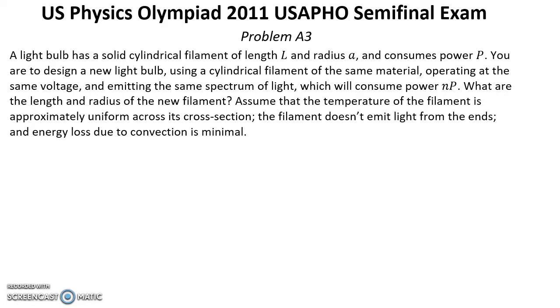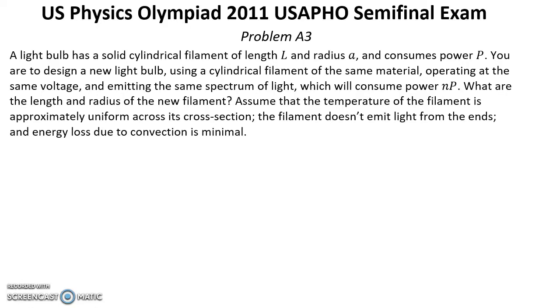What are the length and radius of the new filament? Assume that the temperature of the filament is approximately uniform across its cross-section. The filament doesn't emit light from the ends, and energy loss due to convection is minimal.